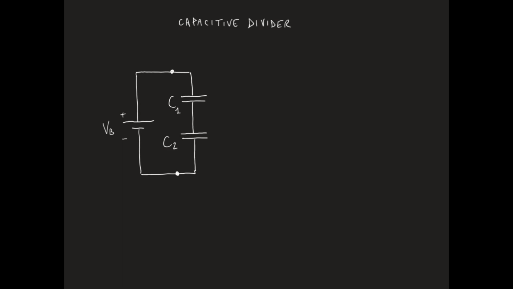Let's take, for instance, the voltage across C2 as the output signal. We know from the previous discussion about the series of two capacitors that the charge Q collecting on the plates of the capacitors is given by VB times CS, or VB times C1 C2 divided by C1 plus C2.